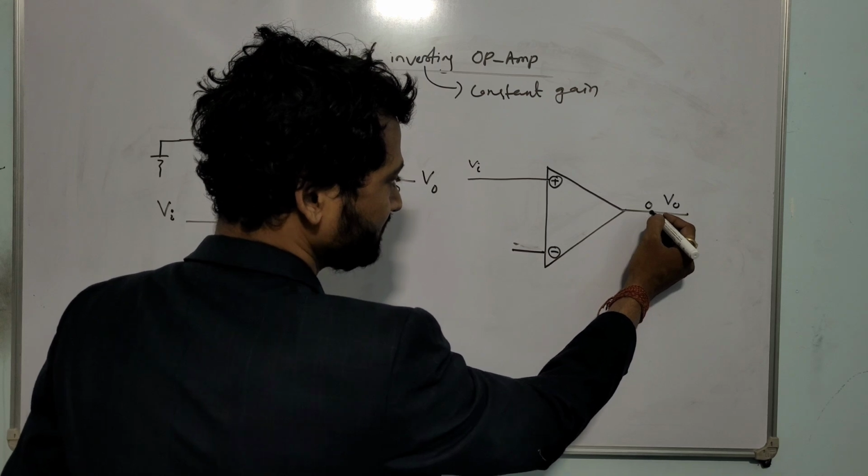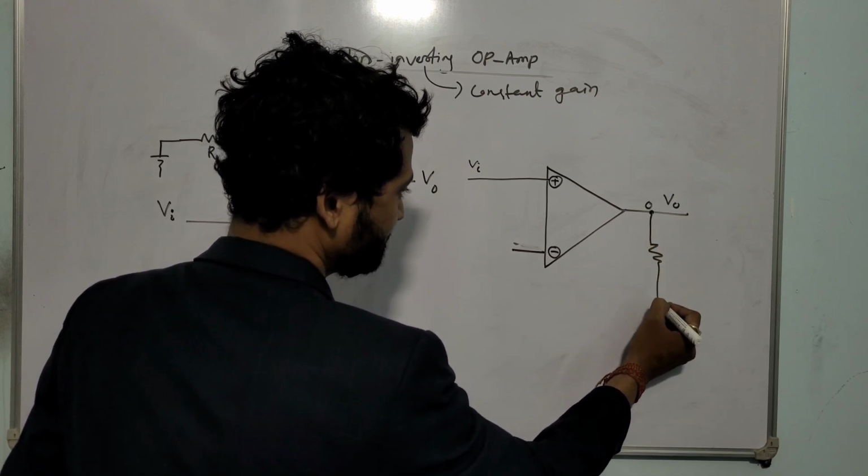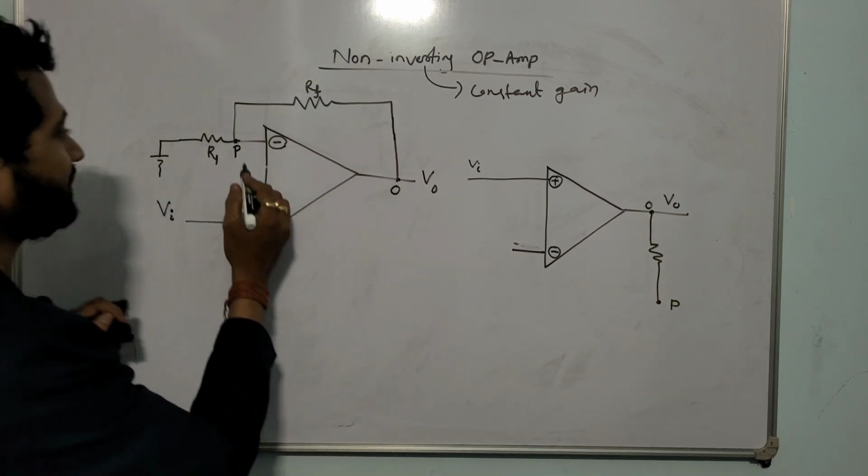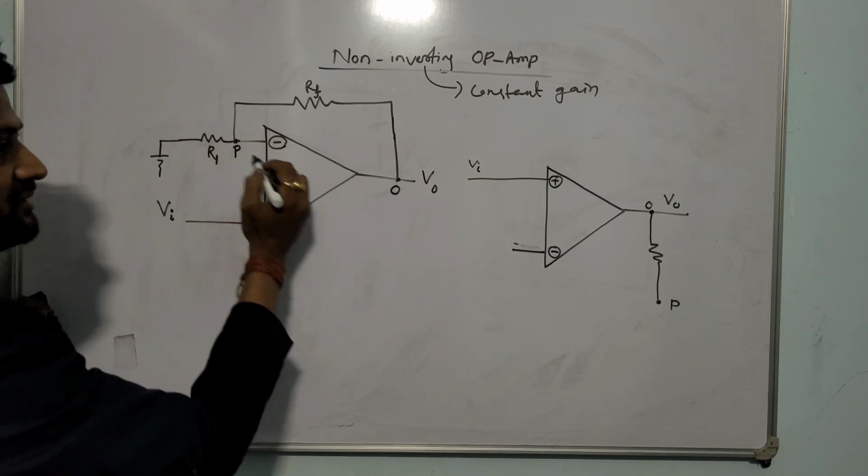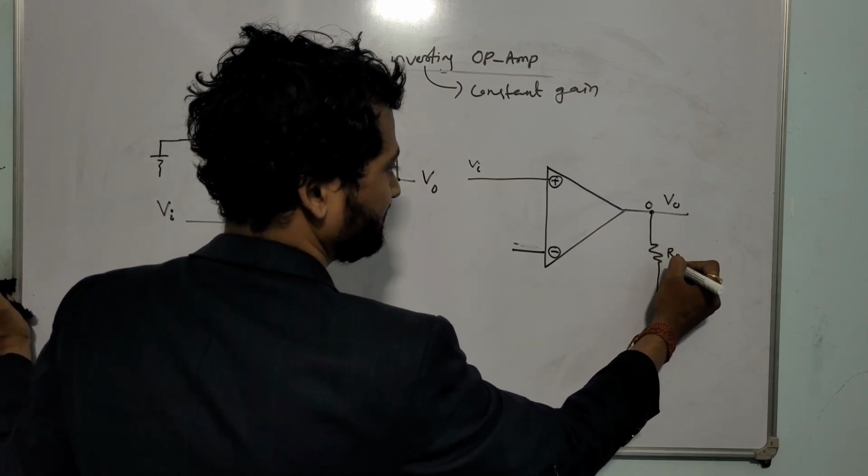So what I'm doing here, from O to P I'm connecting a resistance, that resistance is called RF.